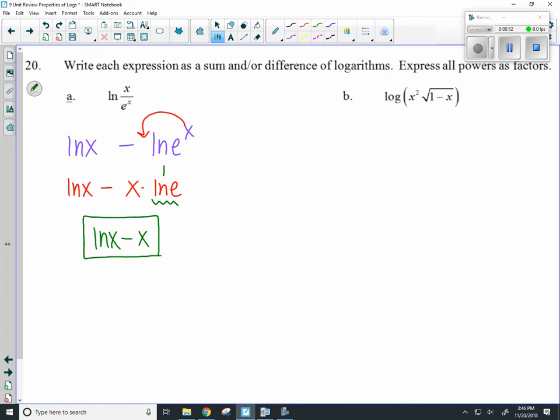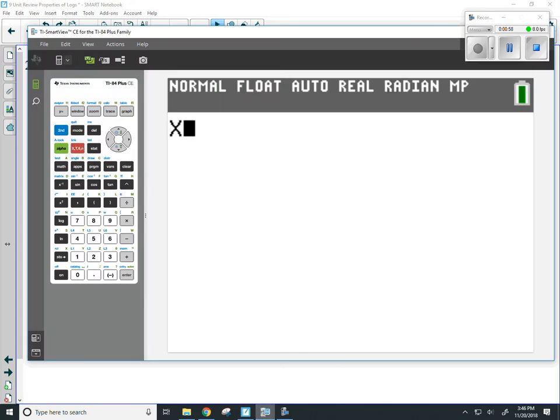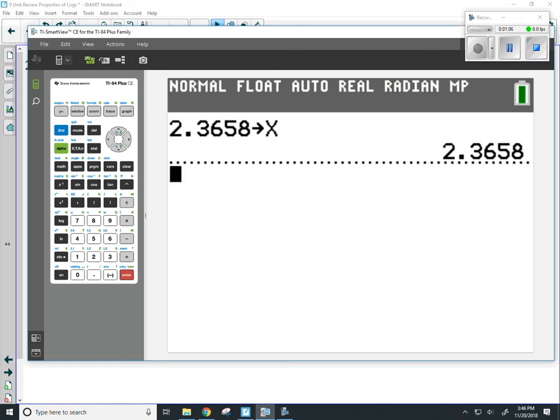And you could check that in your calculator if you wanted to. You could store a random value for x. So let's see what x is right now. Okay, 10 isn't super random, but that looks good. So now x is this.